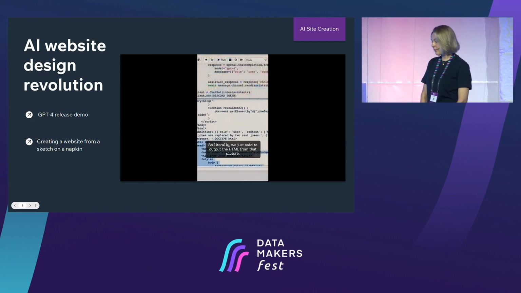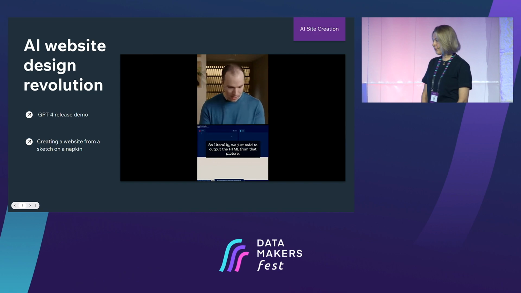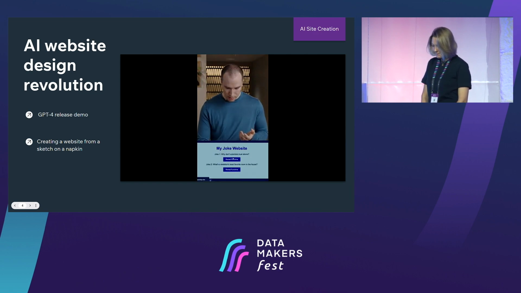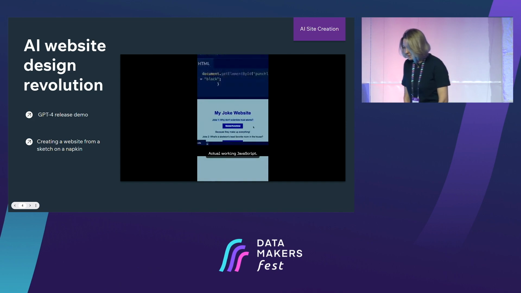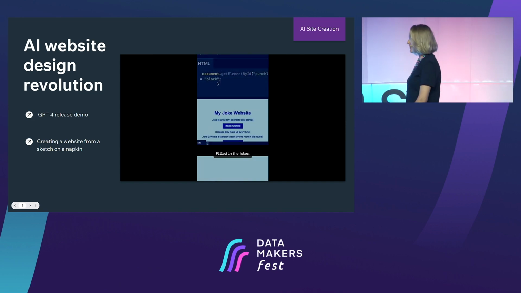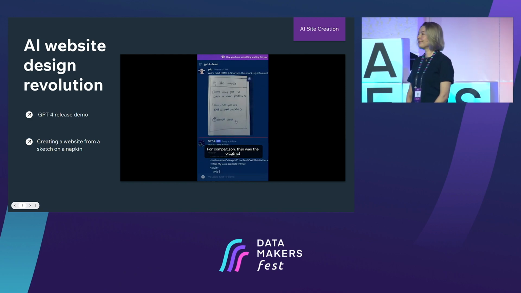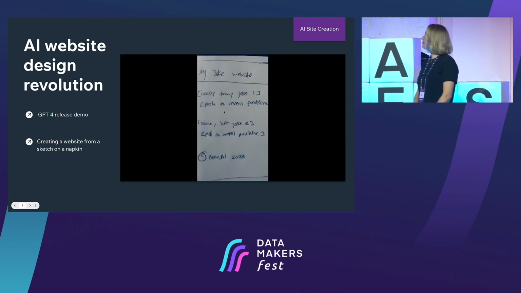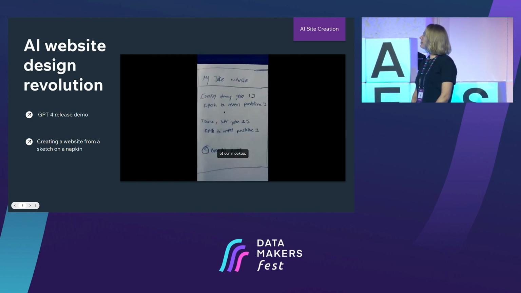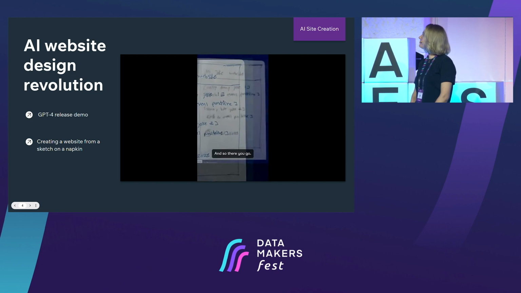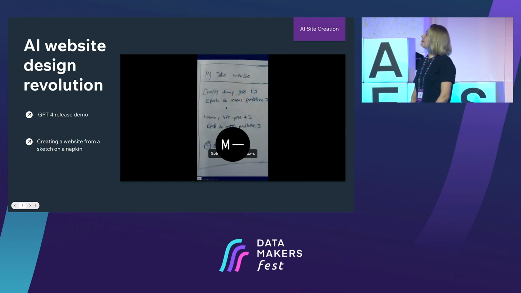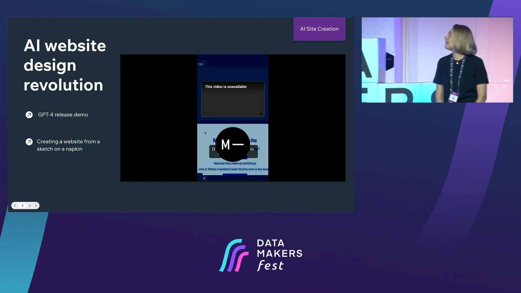So literally we just said to output the HTML from that picture. And here we go. Actual working JavaScript, filled in the jokes. For comparison, this was the original of our mockup. And so there you go, going from hand-drawn, beautiful art, if I do say so myself, to working website.